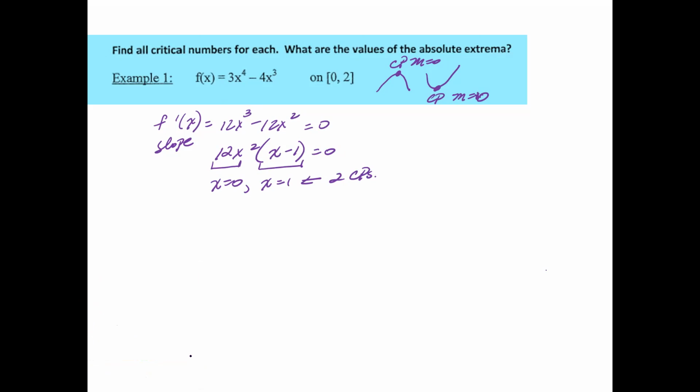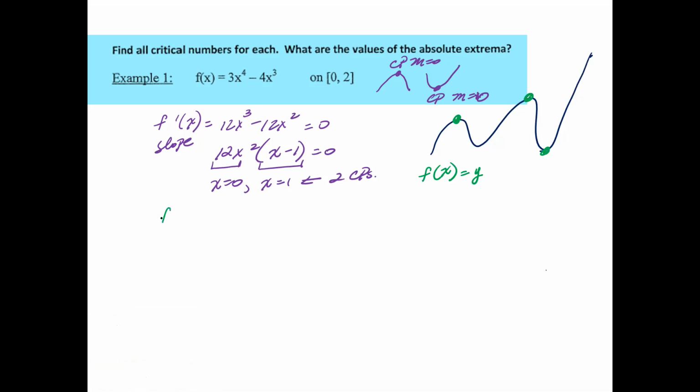So then how do I know which one is going to be the max or which one is going to be the min? Well, if I plug these points into f of x, which gives me the y values, I would know that the highest point and the lowest point will give me the max or min.